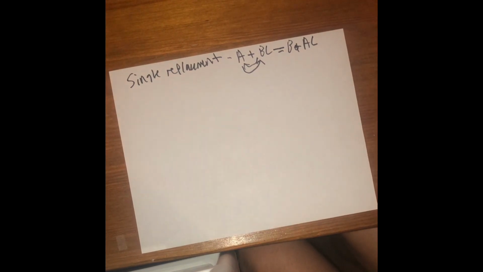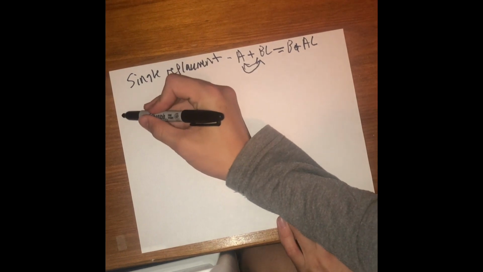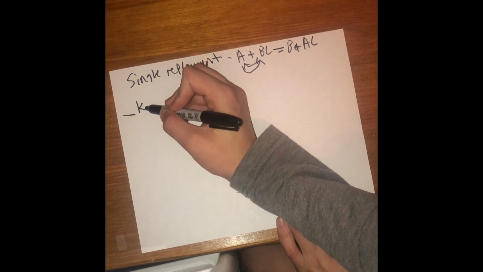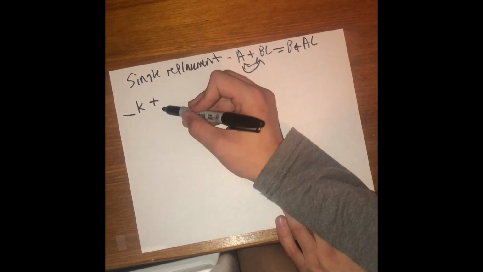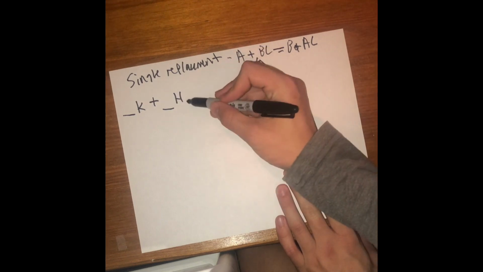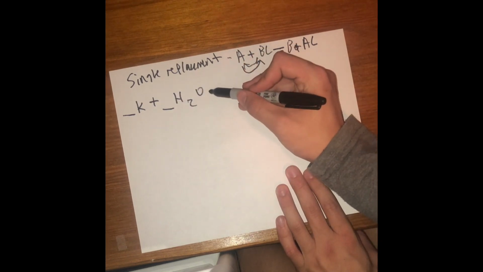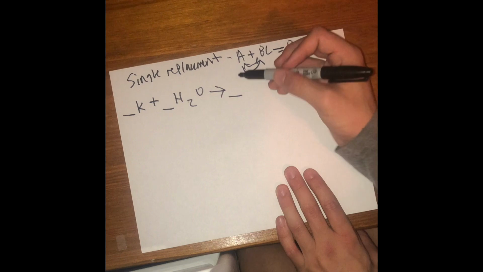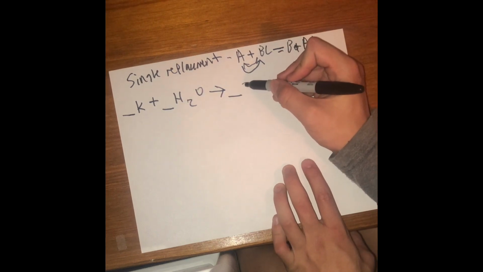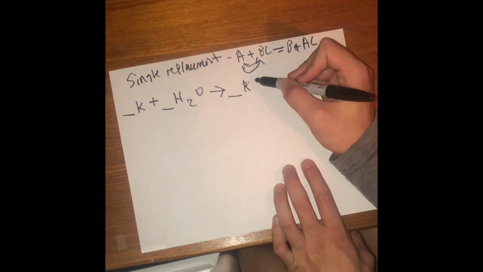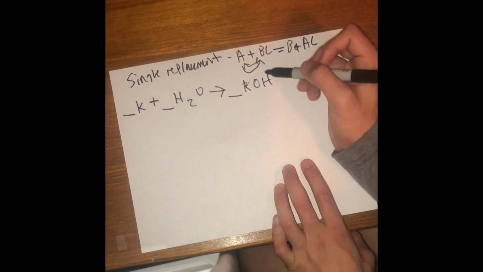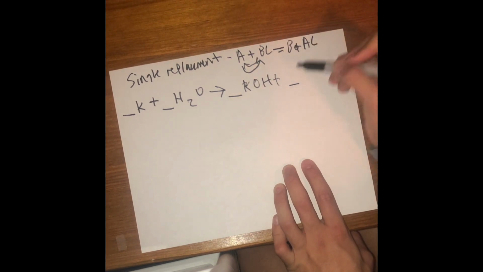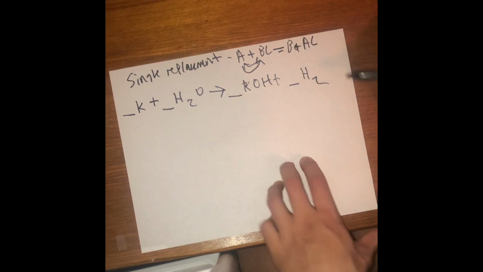Example of this, we got potassium plus some H2O, arrow, then we got KOH plus H2.